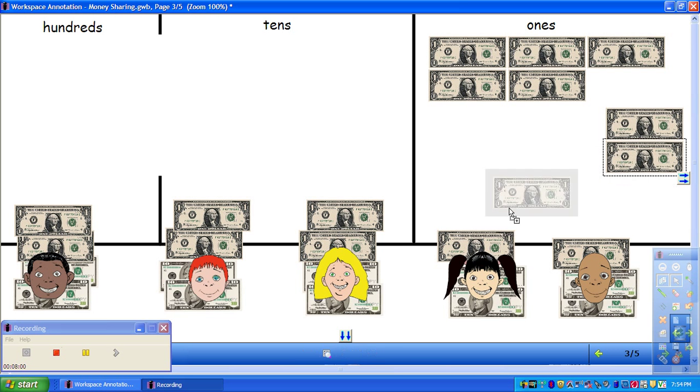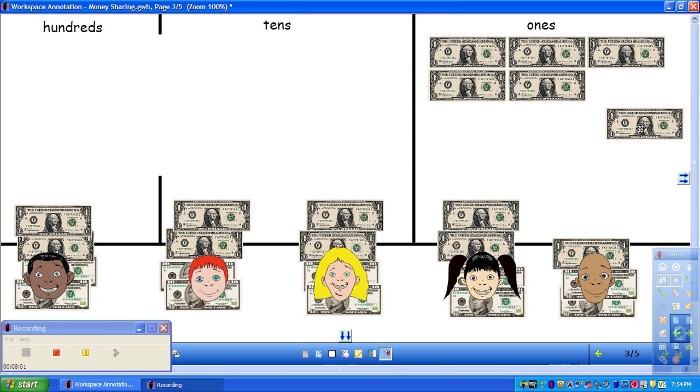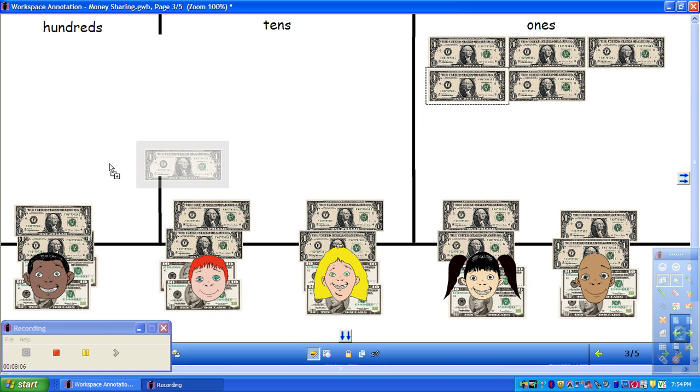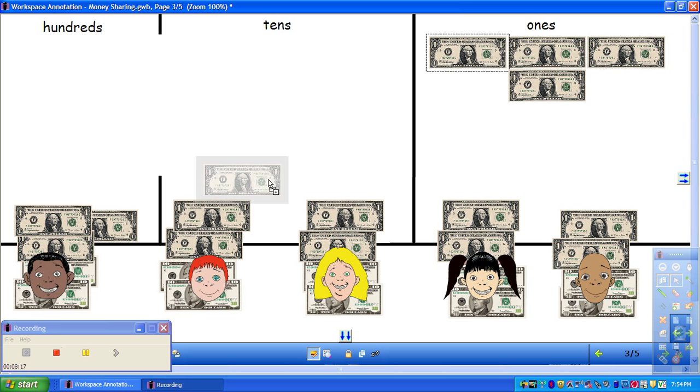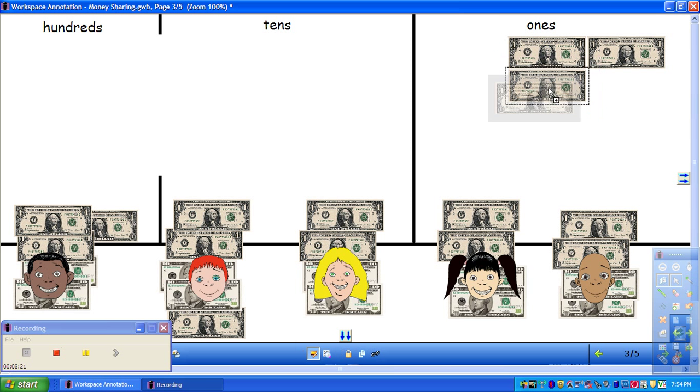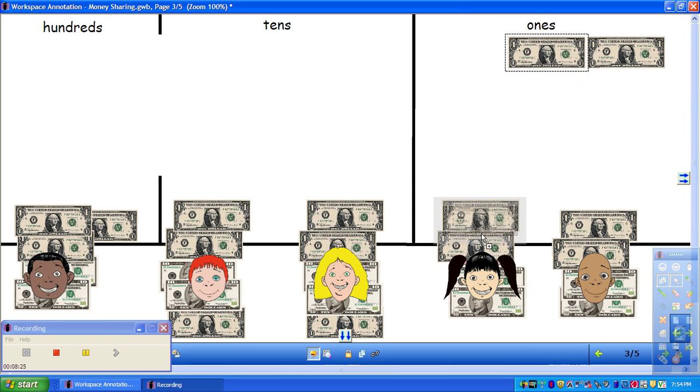Now, while I'm passing this out, could we have looked at that money and decided how many dollar bills each person could get before we actually started sharing the money? Well, before I started rearranging these $1 bills, there were actually 15 $1 bills in the ones column.